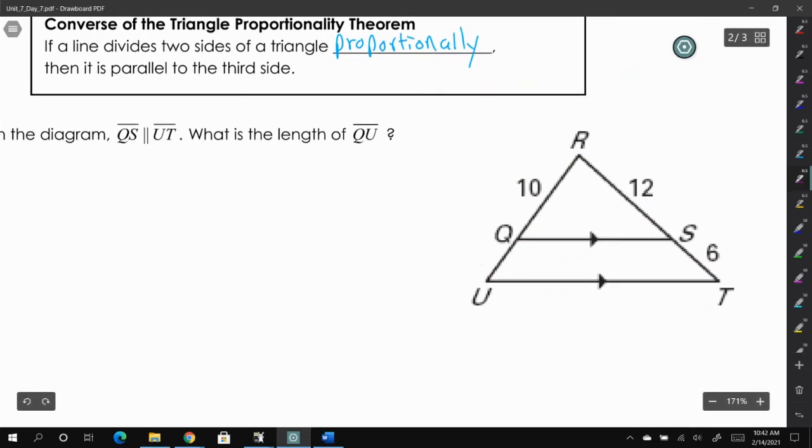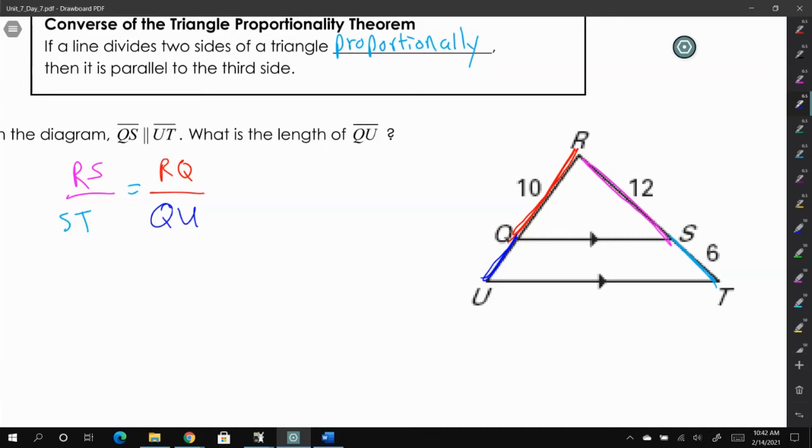So since QS and UT are parallel, that means if I take RS, the ratio of that, and ST, that is going to equal RQ over QU.